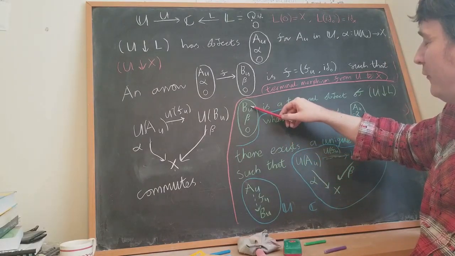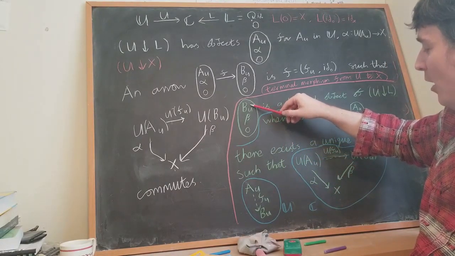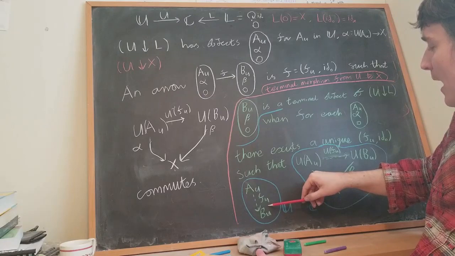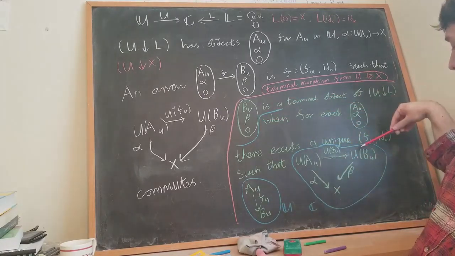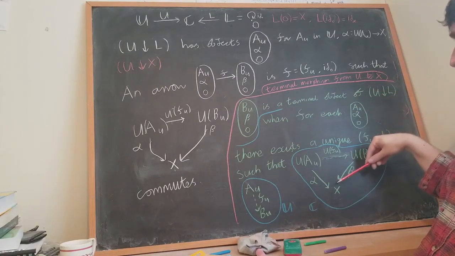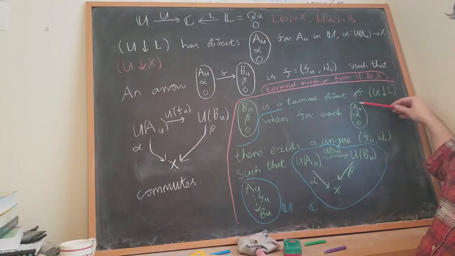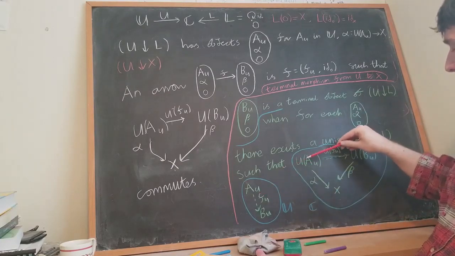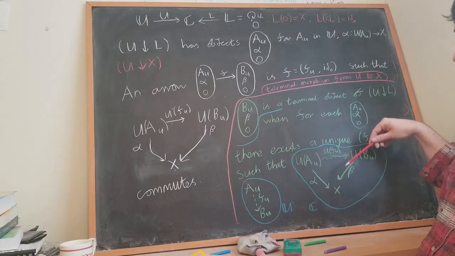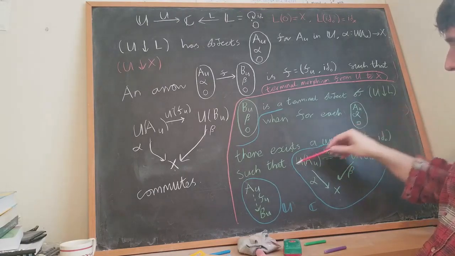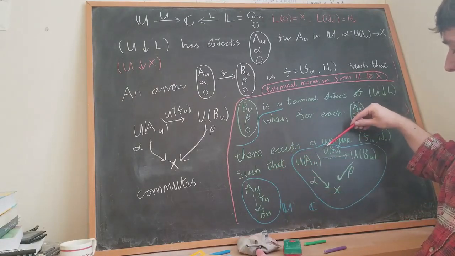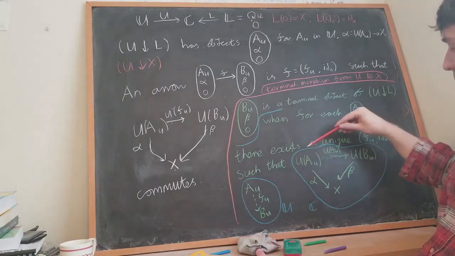What's important is that the terminal object is going to be an object of u, b of u, and it's going to be an arrow beta from u of b of u into x, and it's going to be such that for every a of u that's image under u has an arrow alpha into x, we're going to have that there's going to be a unique f of u over here from a of u to b of u that's image u of f of u makes this triangle commute, okay?